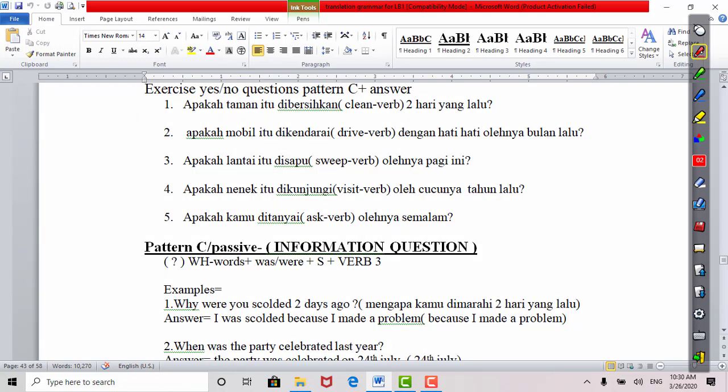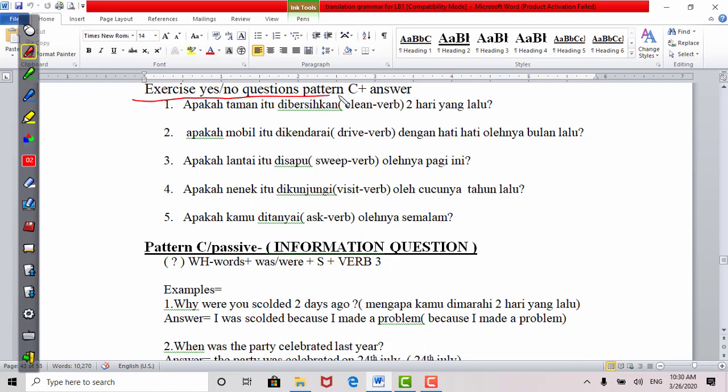Alright. Exercise, yes-no question, part C, answer. This is an exercise that you make at home. I will help you by answering number 1, and then you can continue until number 5. Apakah taman itu dibersihkan 2 hari yang lalu? Look at taman. Taman is only one, so use was.